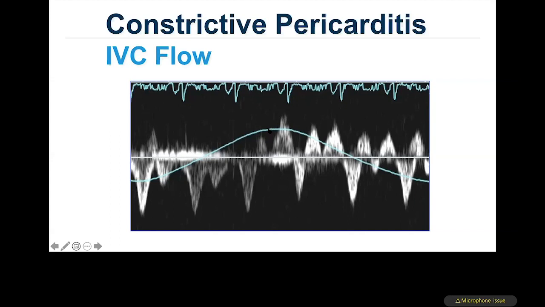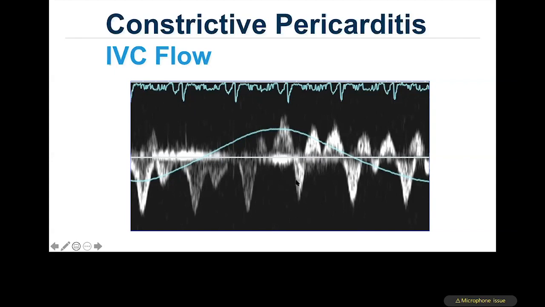Now let's come to expiration. So this is the expiratory cycle here. Let's look at the first beat in the expiratory cycle. In the expiratory cycle, you see this is the S wave, the systolic wave, and there should be some wave here in diastole. Well, in place of that, you see a reversal and one more reversal.